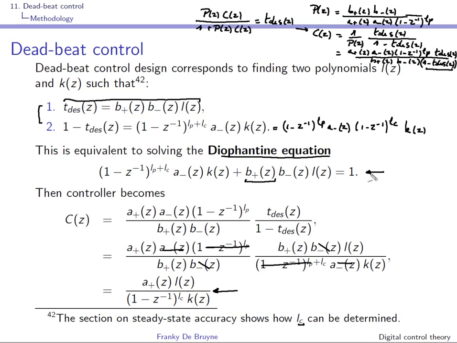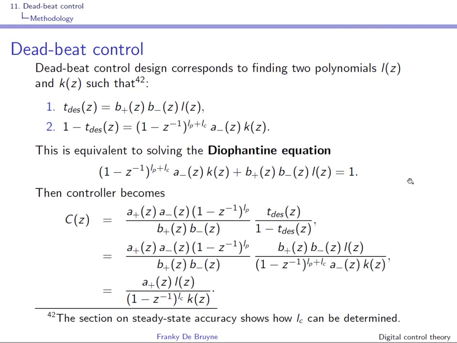So another thing that we have to stress is that since we have kept B plus in the desired closed loop polynomial, this has implications on the Diophantine equation, right? This is this one, but you can see now that in the controller, and I didn't show it previously, also the B plus is cancelling out. So you can see here in this controller that the B plus has disappeared.